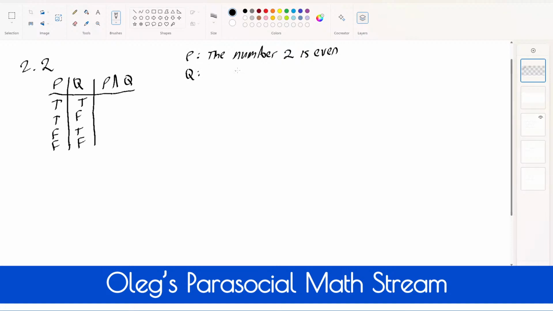Q states the number 3 is odd. Okay? So now, if the first statement P is true and Q is true, then P and Q are both true. So there's no disagreements. The truth carries over. Okay.